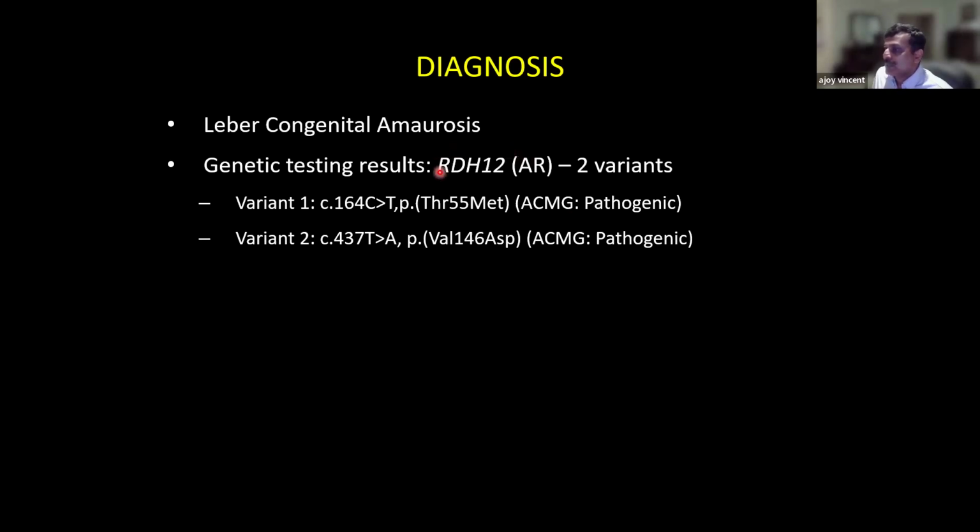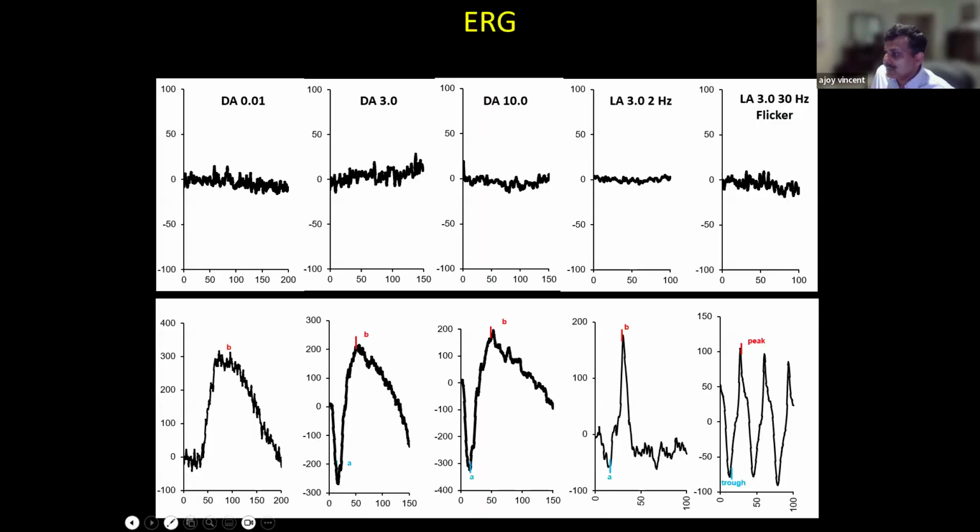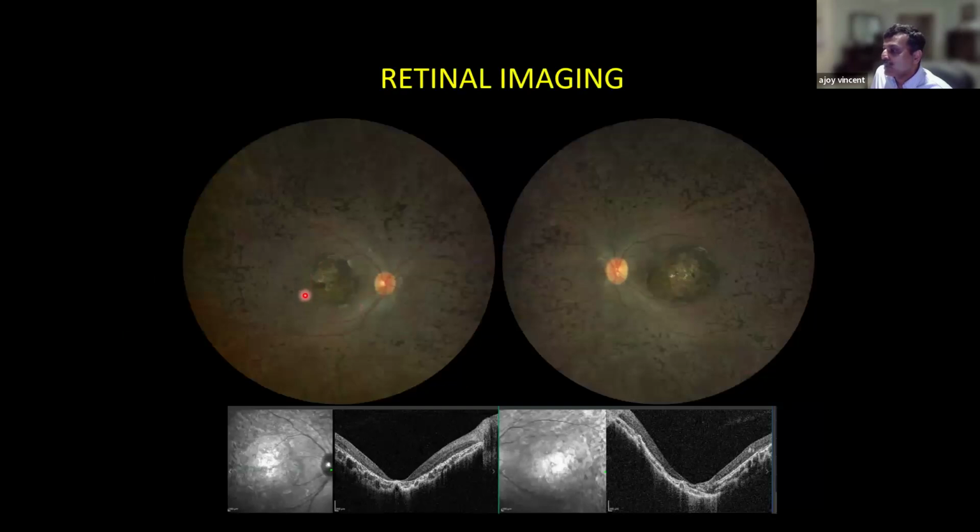So in this particular individual, in the gene RDH12, there are 2 variants which were deemed pathogenic. So this is a conclusive result. But on the phenotypic side, the appearance in the fundus of the pseudocoloboma appearance with bony spicule pigmentary changes is also reminiscent and has been described in multiple cases of RDH12 related LCA or RP.